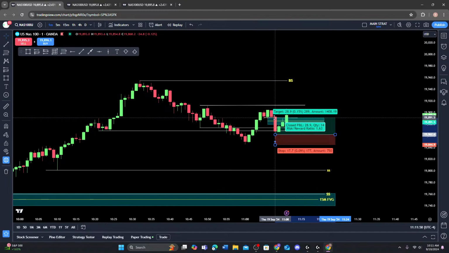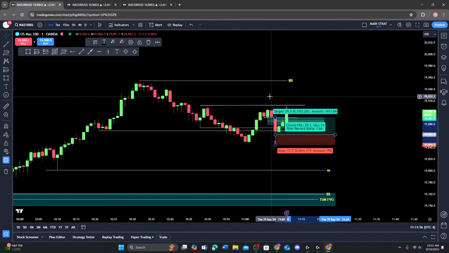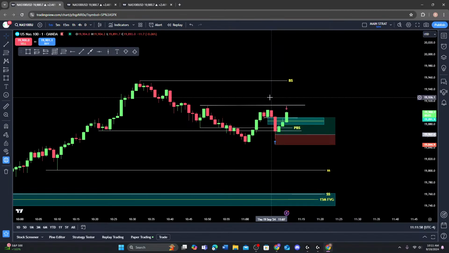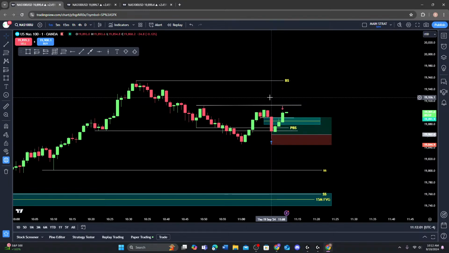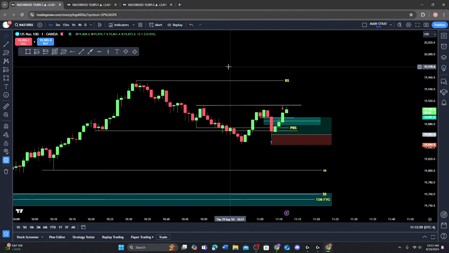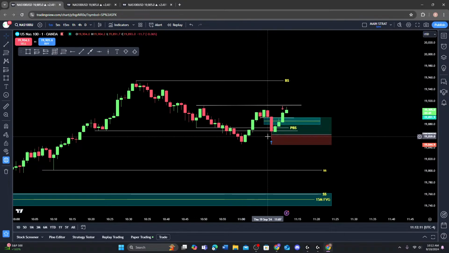Profit here. Should have waited, but it's okay. Profit there. So we risked, it's a 1 to 6. It's not that great. So we'll risk 51 to get 50. So 1 to 1 pretty much.